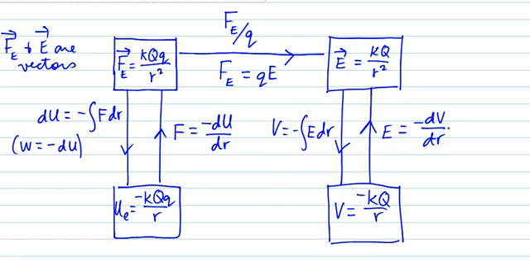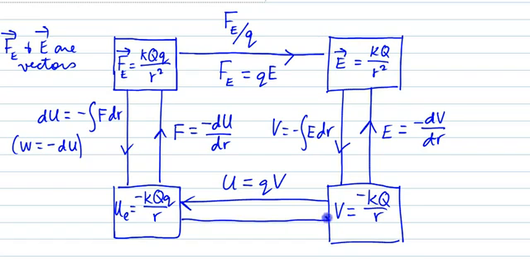And just keep in mind that just like force and field are related by a test charge q, so are potential energy and voltage. So if I multiply electric potential, or voltage that is, by q, I'm going to get potential energy.